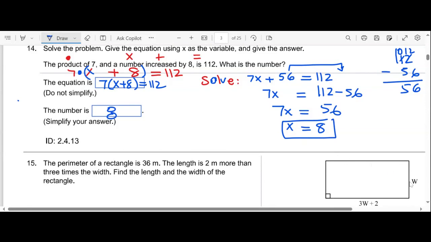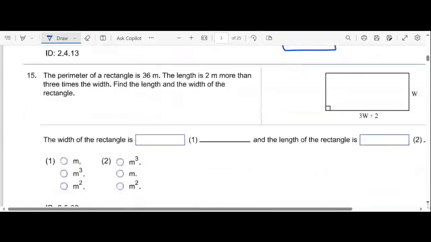Okay. Next one. The perimeter of a rectangle is 36. So we know that the perimeter is usually what? 2L plus 2W. What is L here? Length. 3W plus 2. And don't forget we have 2 outside.